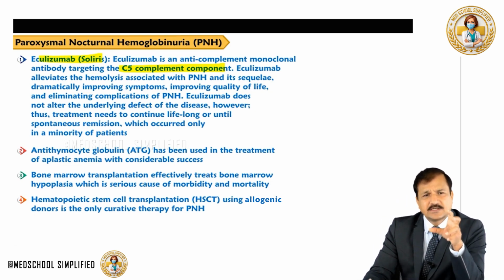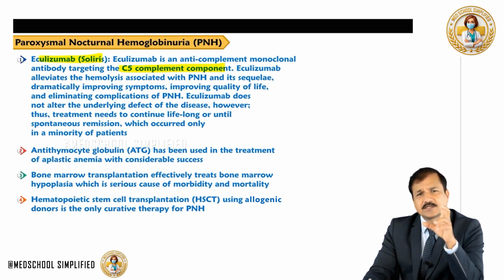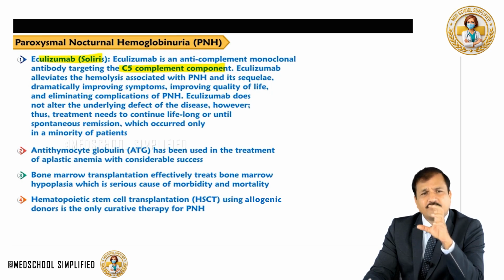Eculizumab, it alleviates the hemolysis associated with paroxysmal nocturnal hemoglobinuria and its sequel. And also it dramatically improves the symptoms, improving the quality of life and also eliminating complications related with paroxysmal nocturnal hemoglobinuria. Note that eculizumab does not alter the underlying defect of the disease.